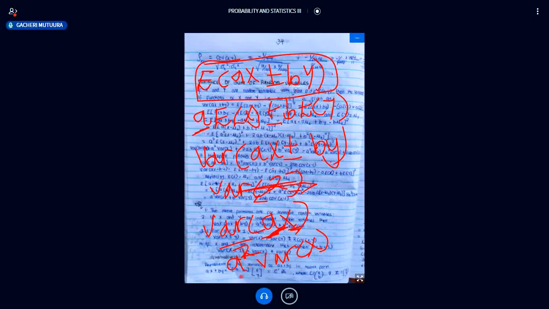So unlike the univariate case where we just said variance of ax is a squared variance of x, here we are going to have our a squared variance of x, and we are going to have our b squared variance of y. But now here in the middle is where we are going to have a plus or minus 2ab covariance of x and y. And that is how we deal with obtaining the variance of other variables.